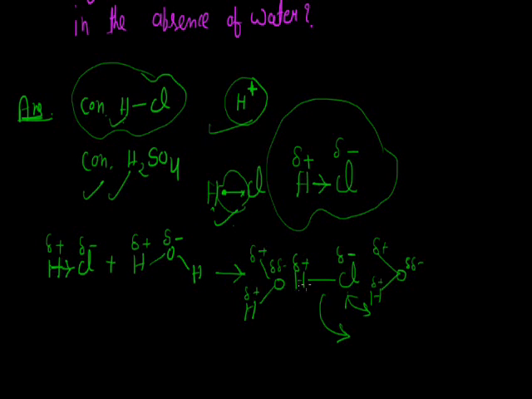In the presence of water, this H plus and Cl minus are separated, although both are surrounded by water molecules. So we can simply write H plus aqueous and Cl minus aqueous.